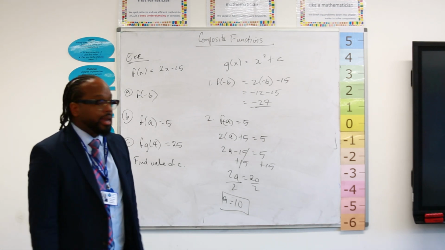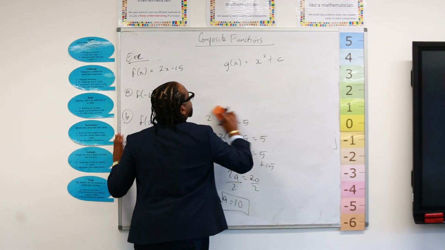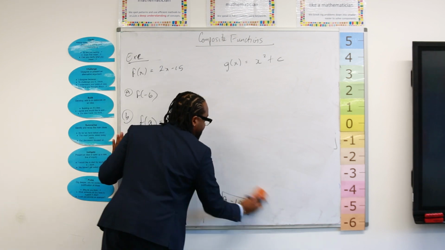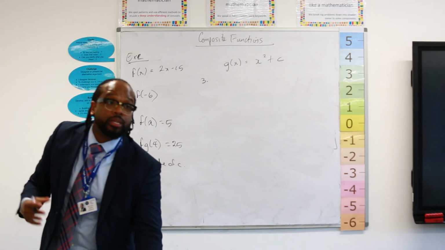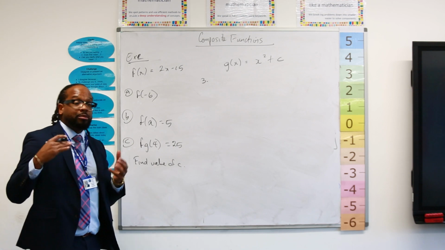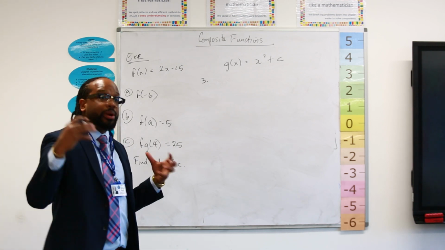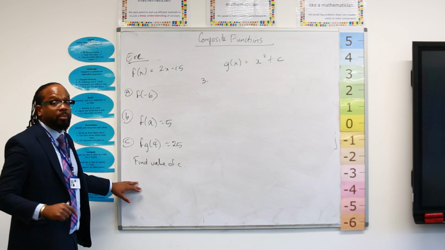Now, here is our final one. For part 3, and this is the one the students find difficult. So at this point, I want you to pay full attention, because it's been a while since I've done a video, so I want to ensure you get a good lesson today and have a beautiful understanding of this topic.